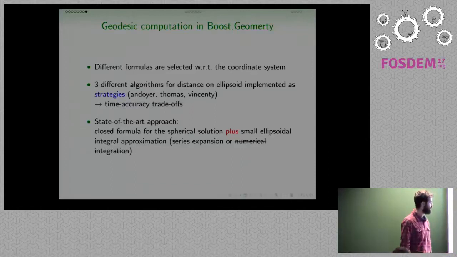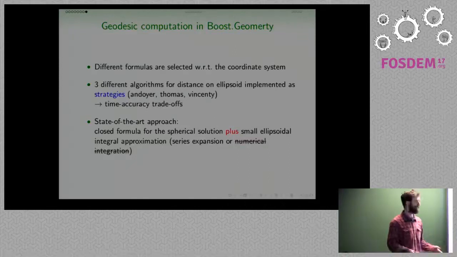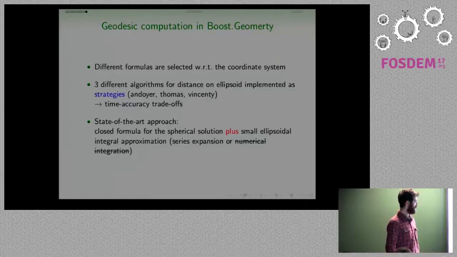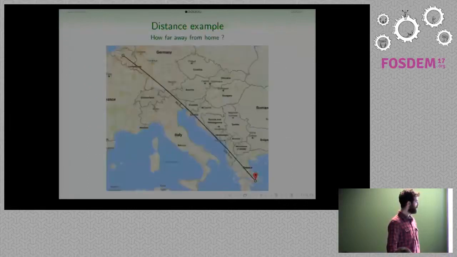We follow the state-of-the-art approach, which is that in all these geodesic problems, you actually solve a spherical problem, which is easier and has a nice closed formula. And then you do some ellipsoidal correction by solving some integrals similar to the ones I showed before, either by series expansion or numerical integration. We do series expansion, which is enough to have good accuracy. If you want more details, we can discuss it offline. So I think this is enough for the details of the implementation.